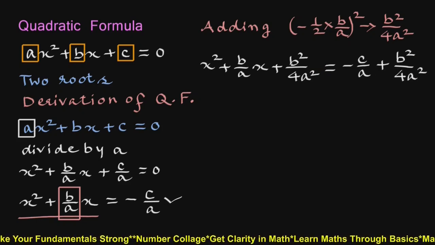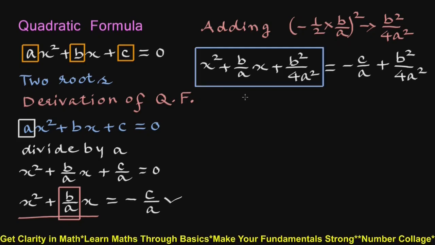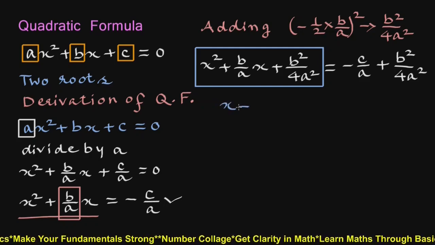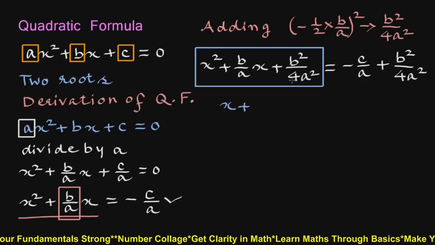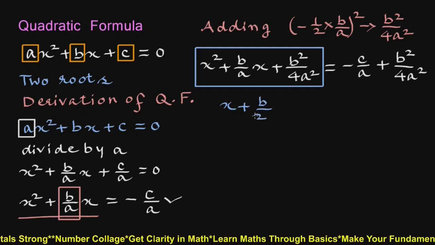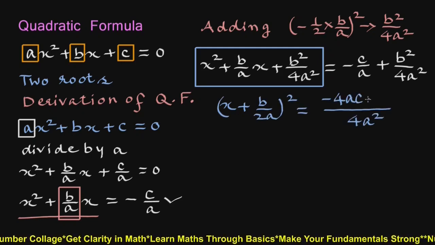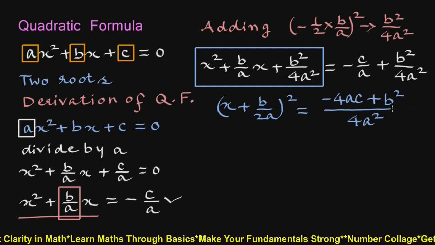Now we write this perfect square polynomial as x plus b upon 2a whole square equals minus 4ac plus b square upon 4a square.